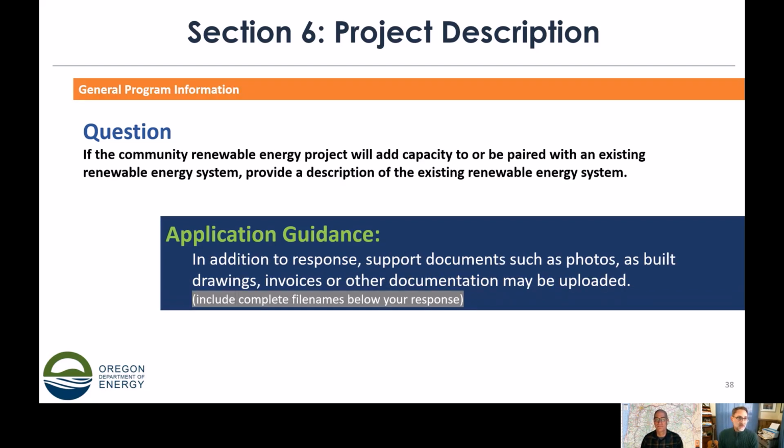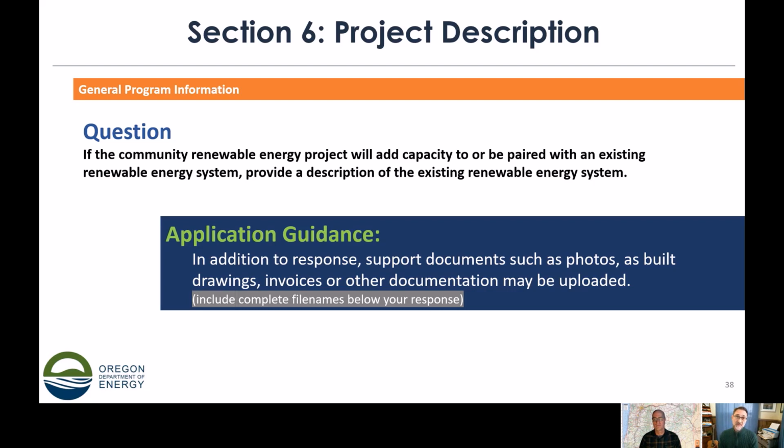And so the last key question under section 6 is: if the community renewable energy project will add capacity to or be paired with an existing renewable energy system, provide a description of the existing renewable energy system. So, relatively self-explanatory, what we want to know is if there's already an existing system in place and you're adding to it or pairing with it as part of your planning project.